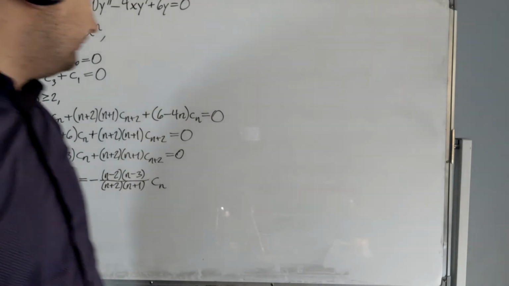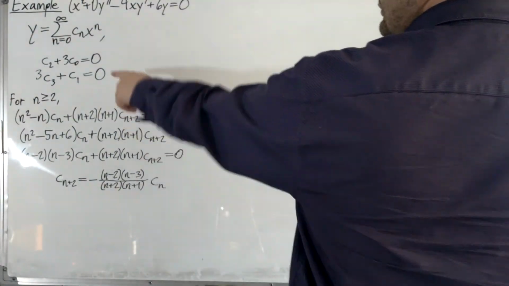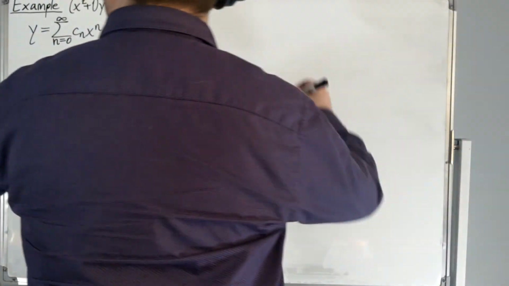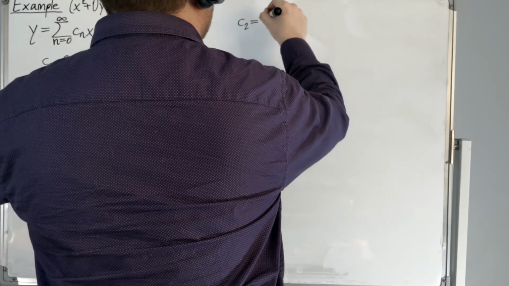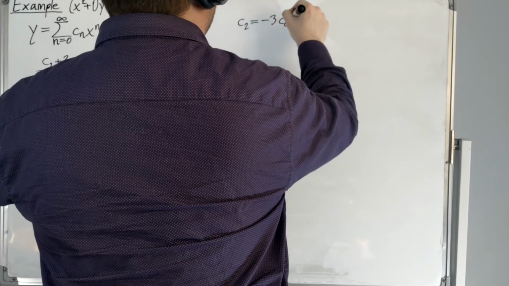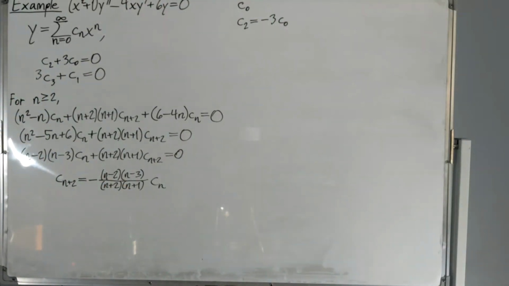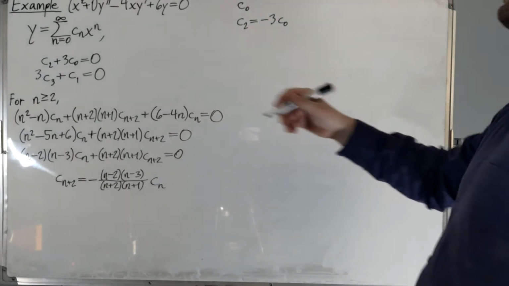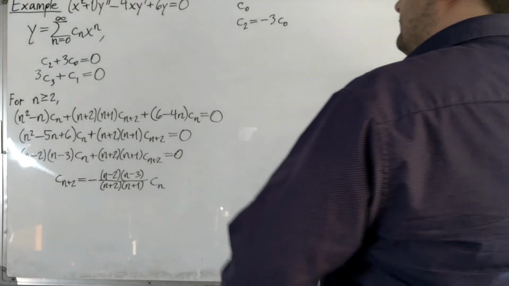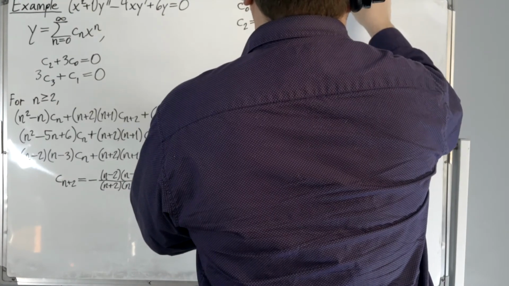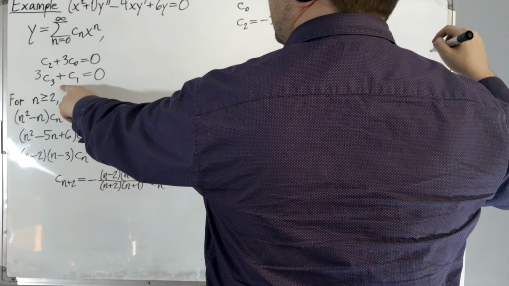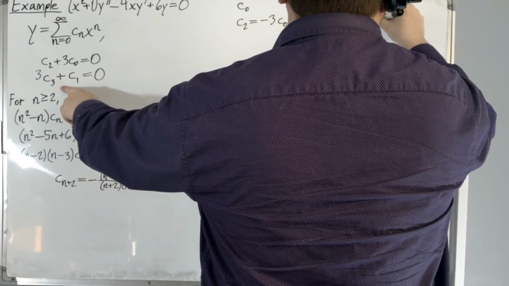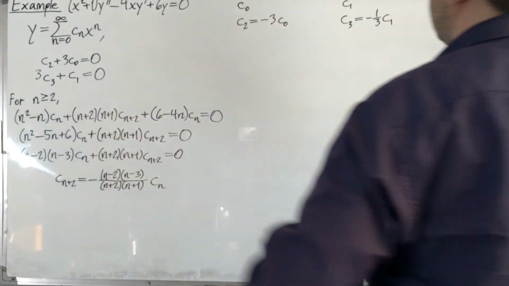Okay, so let's write out a few terms of this sequence. First of all, C2 is negative 3 times C0. C0 is whatever C0 is. C1 is whatever C1 is. C3 is going to be negative 1/3 times C1.